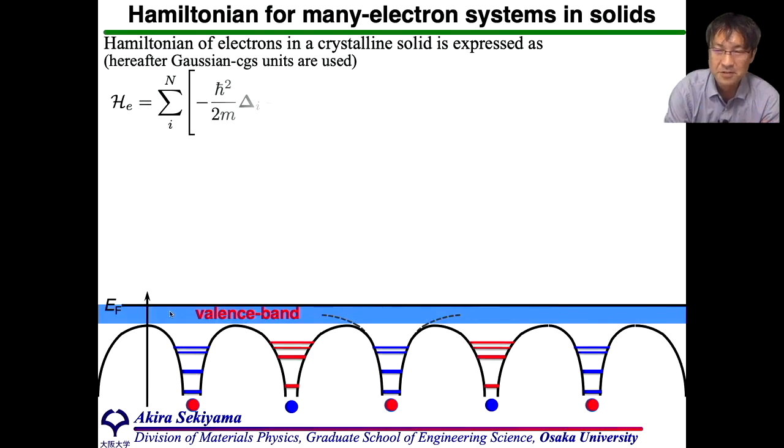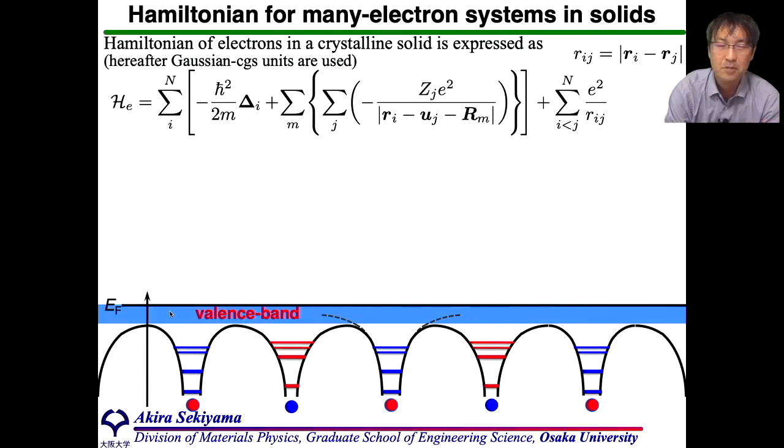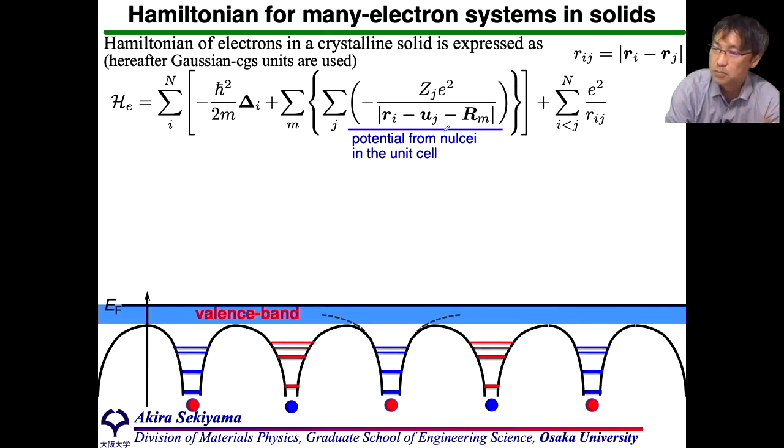In this lecture, I start from the Hamiltonian of electrons in a crystalline solid. There are so many electrons in solid. Here the large N is of the order of 10 to the 23rd. There are so many. Of course, each electron has a kinetic energy and is bound in some potential.